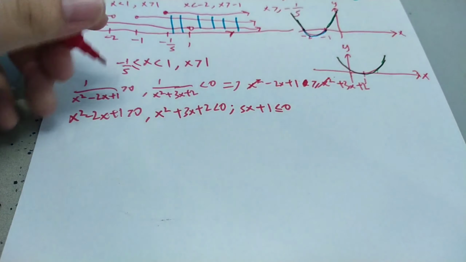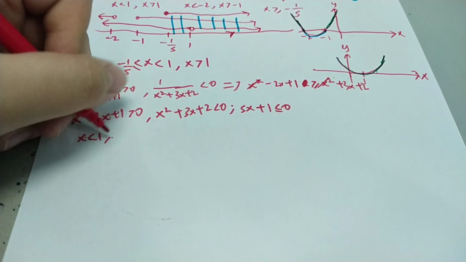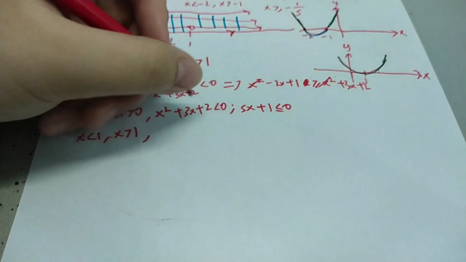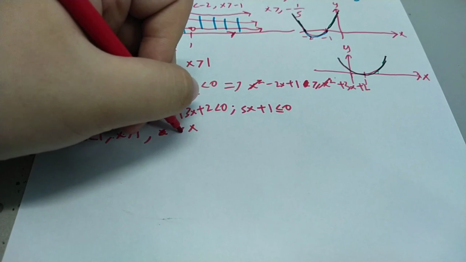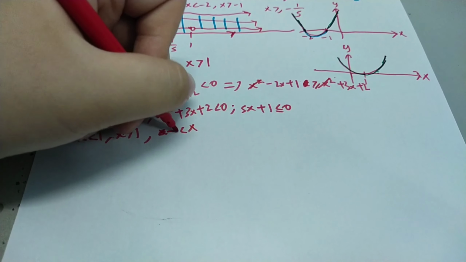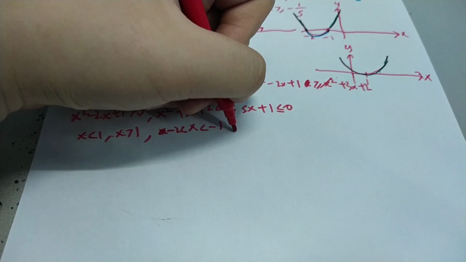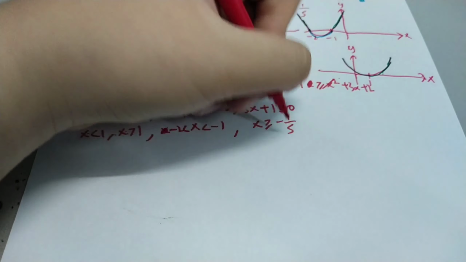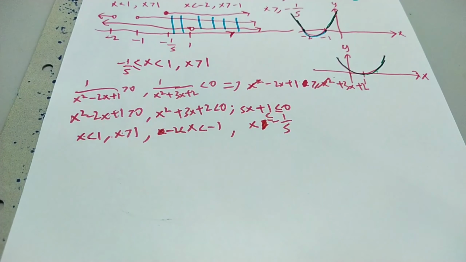So for this, x is going to be less than 1 and x must be bigger than 1. And the second case is x must be in between negative 2 and negative 1. The third case is x must be bigger than or equal to negative 1 over 5. Right, sorry, it should be less than or equal to.